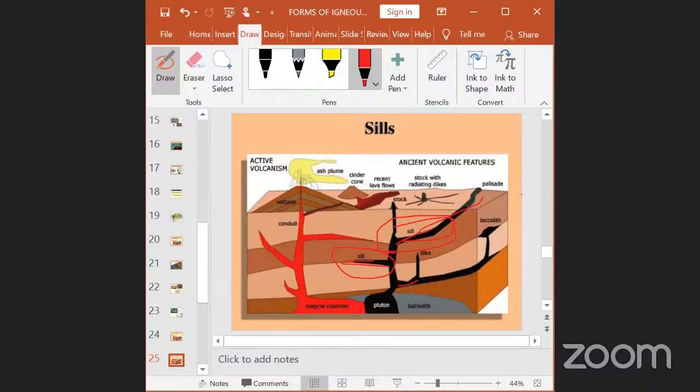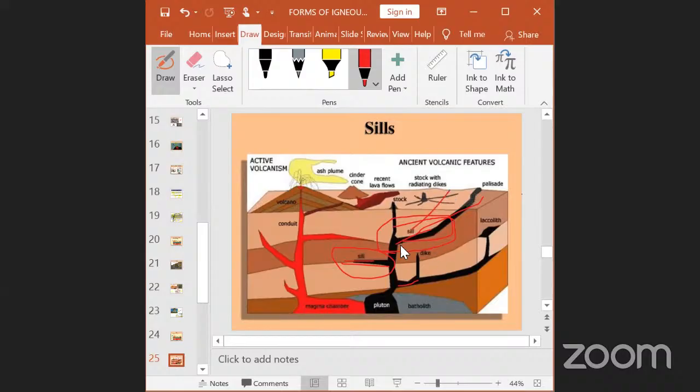Their spreading capacity depends on the viscosity of the magma, its temperature, and the weight of the overlying rocks. Magma that is more fluid usually occurs as sills.